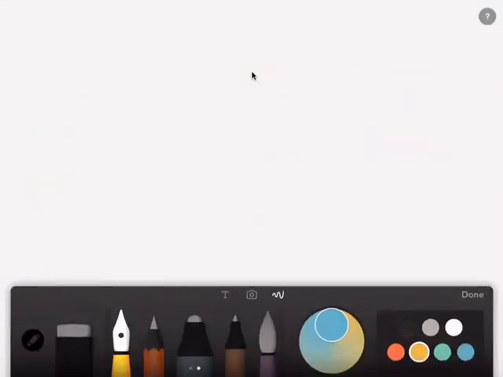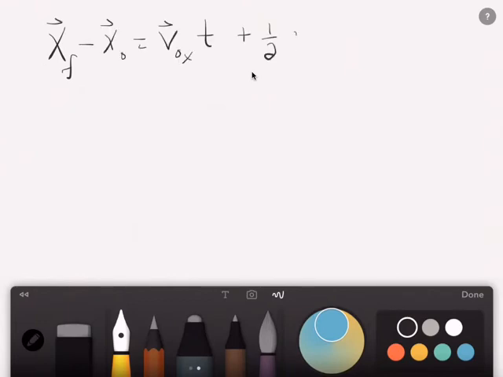So let's do that. So x will be first. x final minus x initial equals the initial velocity in the x direction times time plus 1/2 a sub x times t squared.